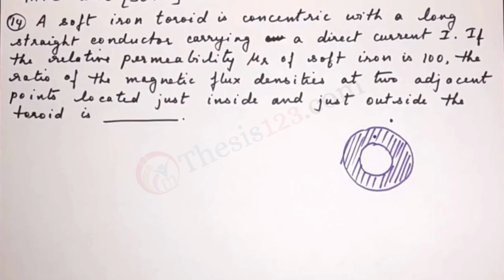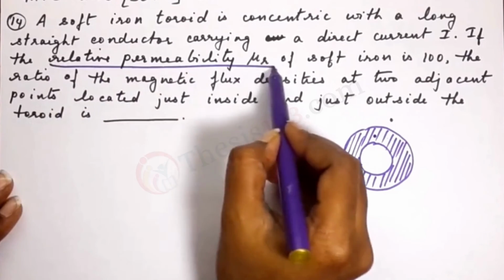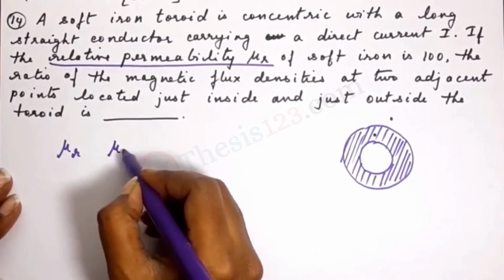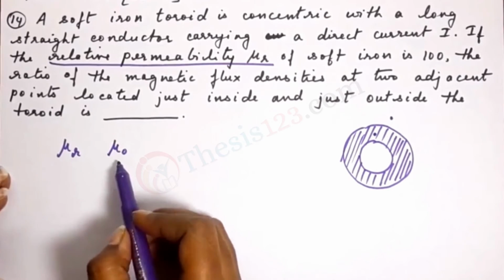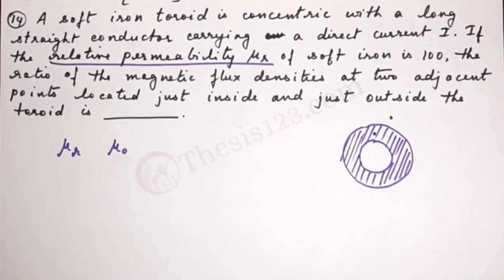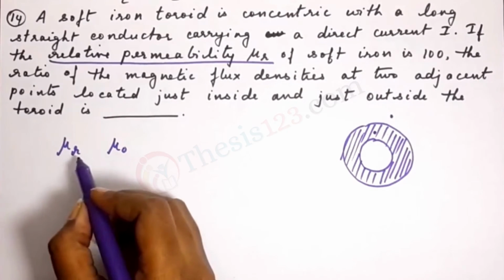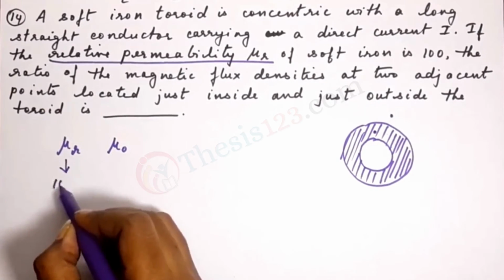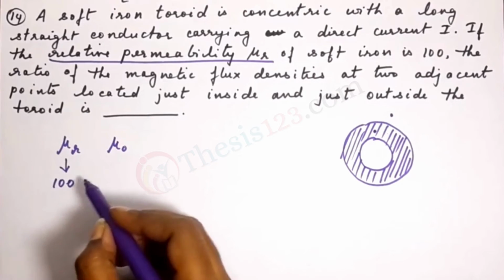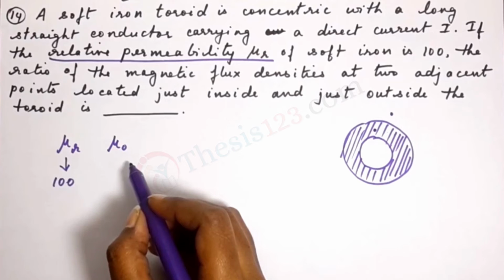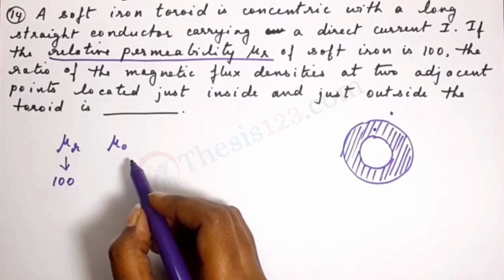Alright, so here the relative permeability is given as mu r. You should also know that mu naught comes along with that. So this is our permeability of air, and for soft iron mu r is 100. We don't need to substitute any value for mu naught here.